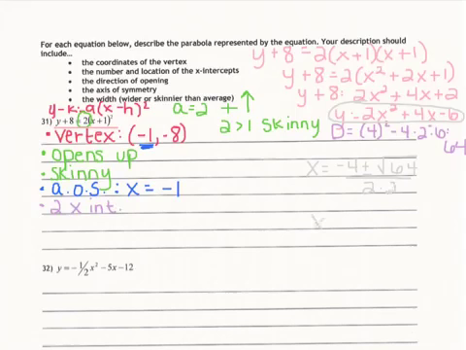So that's going to be x equals -4 plus or minus 8 over 4. -4 plus 8 is +4, and 4 over 4 is 1. So my 2 x-intercepts are at x equals 1, and my other one would be negative 4 minus 8, which is negative 12, and negative 12 divided by 4 is negative 3. So those are my x-intercepts there.